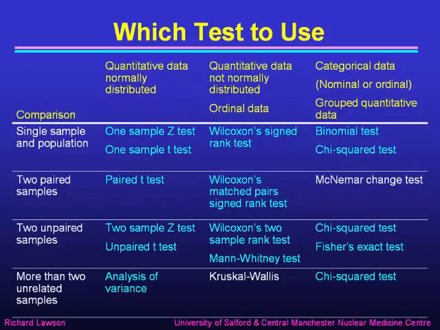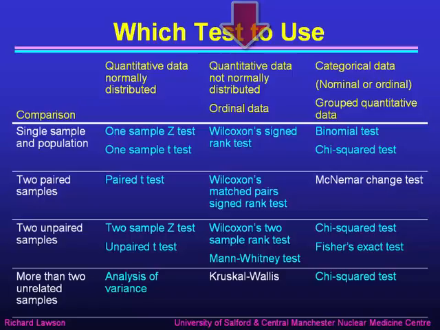So summarizing what we've said in this lecture and in the previous lecture about tests to use, we can look at different comparisons and different sorts of data. So I've shown here in the first column what we can do if we have quantitative data that is normally distributed, where we can use a parametric test, or quantitative data that is not normally distributed, where we have to use a non-parametric test, or where we've got ordinal data that also requires a non-parametric test.